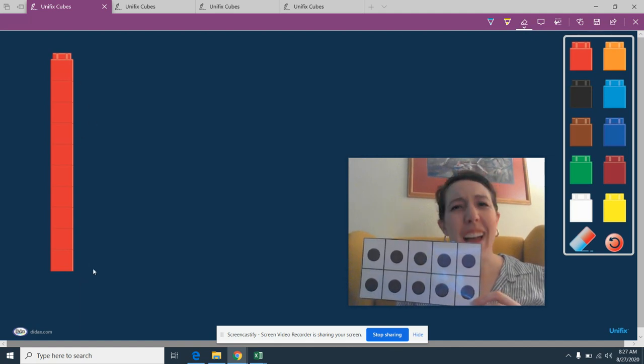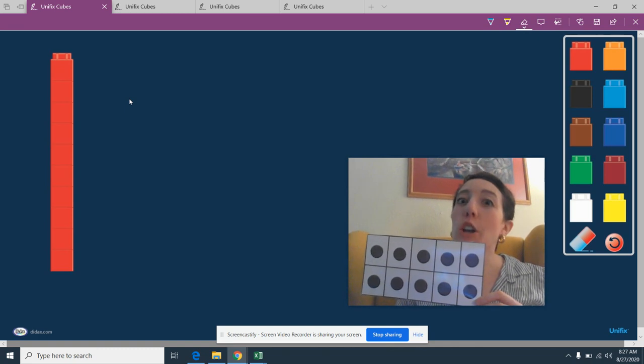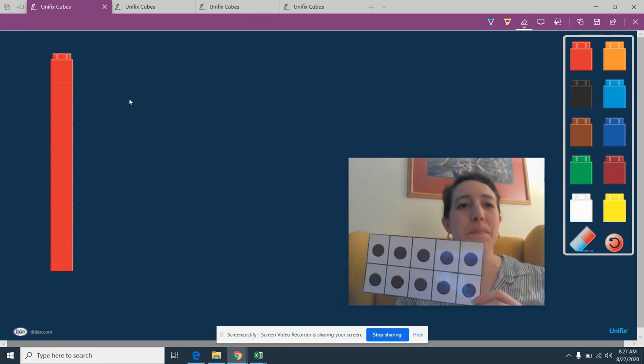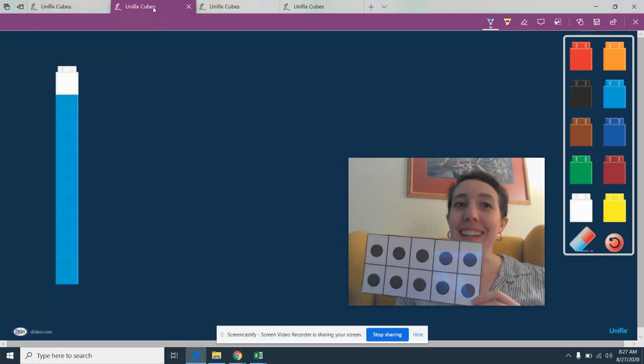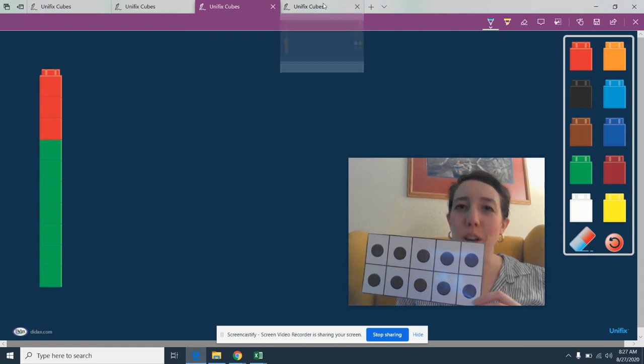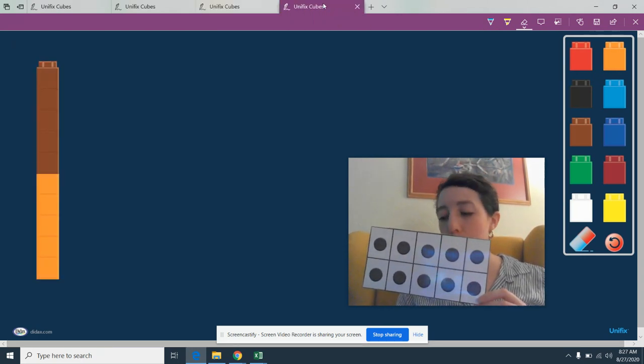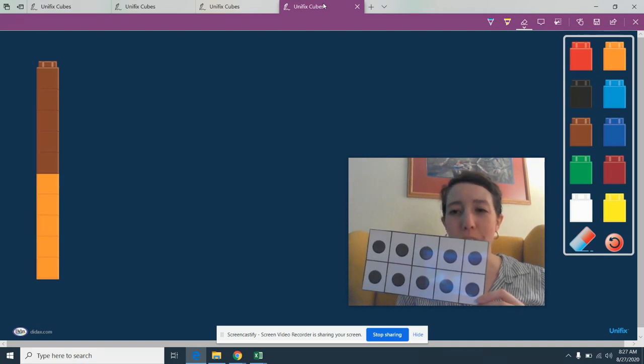But over here, I couldn't look at these right away and just know that they are 10. But if I go over here, you'll see I have some more Unifix cubes that are color-coded so that it's easier to see how many Unifix cubes there are.